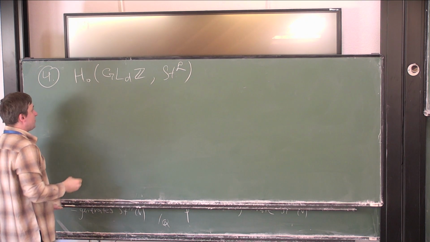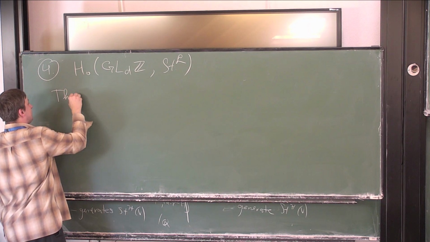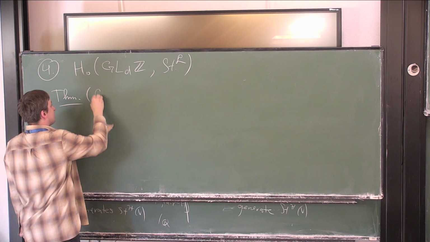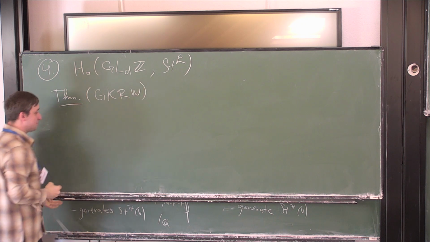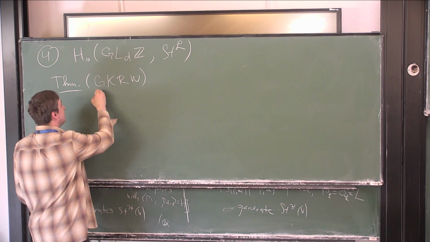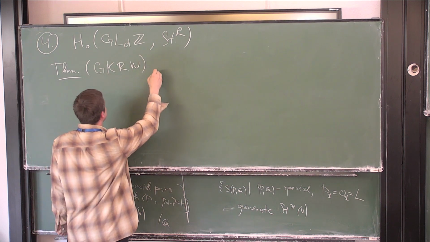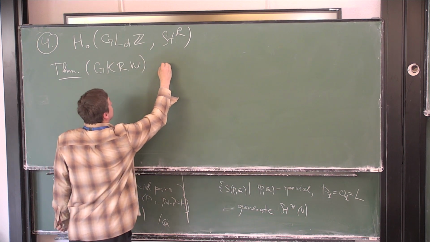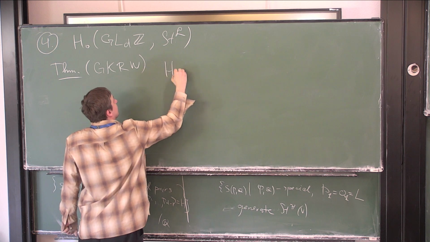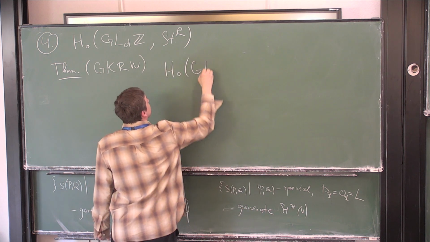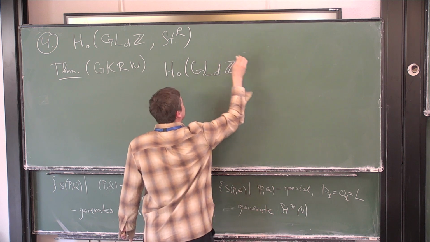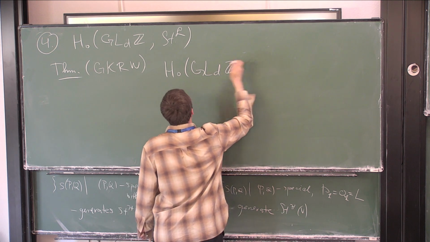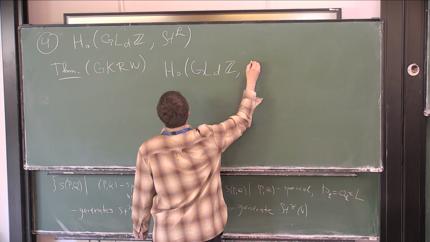Okay, so the theorem, and I hope no one will mind that I put on only the well-known abbreviation for the authors. So it's Church, Farb, and Randal-Williams. In their case, the ring of coefficients is Z, but I'll state just a rational version.